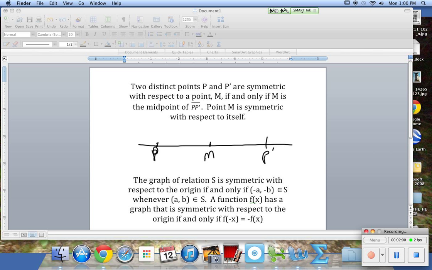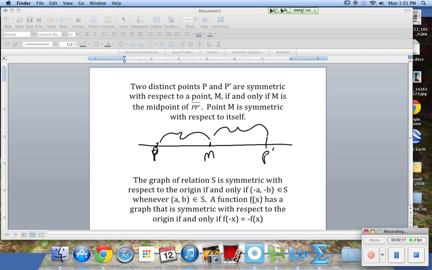Point M is symmetric to itself with respect to itself. What does symmetry mean? It means that the distance from here to here is the same. That means symmetry.